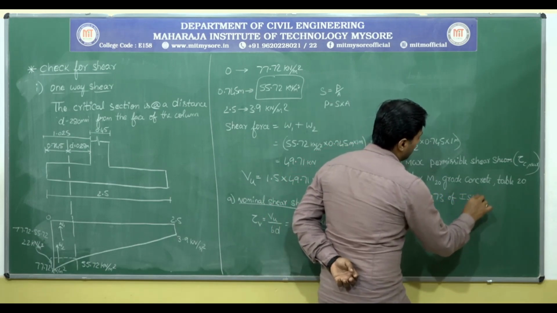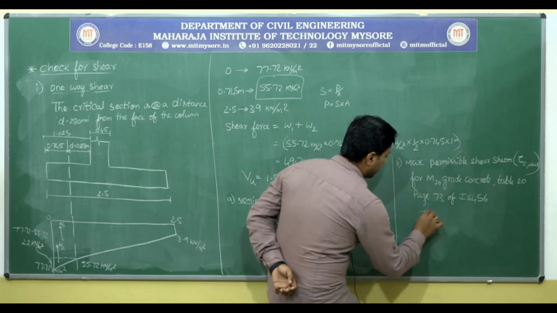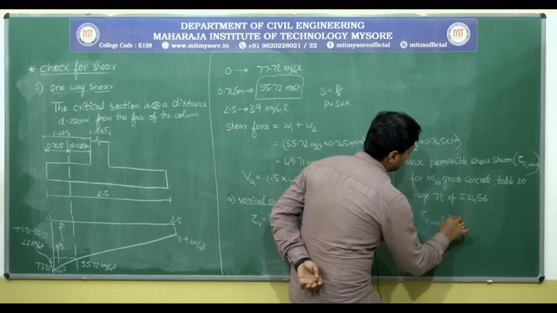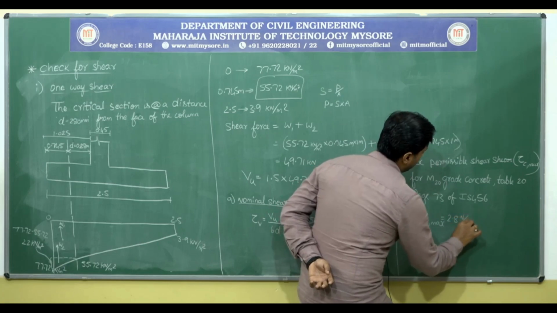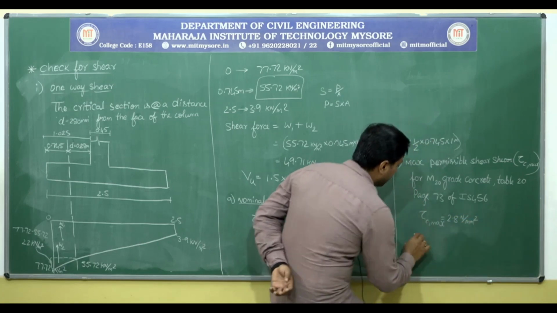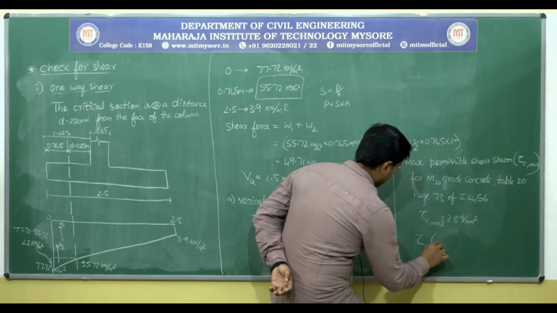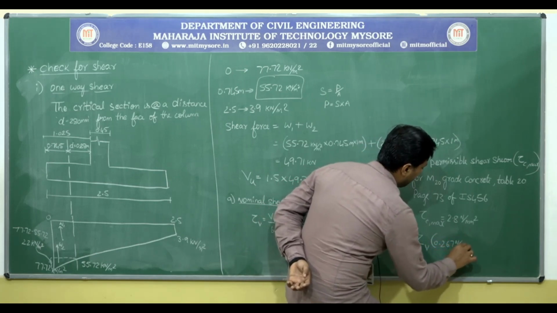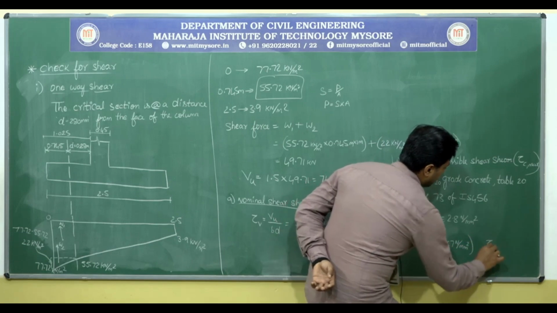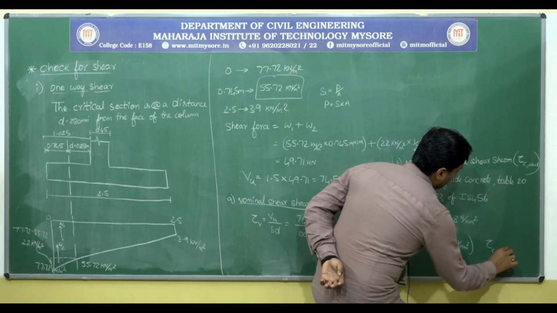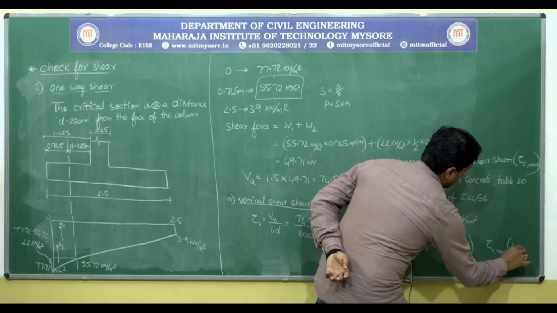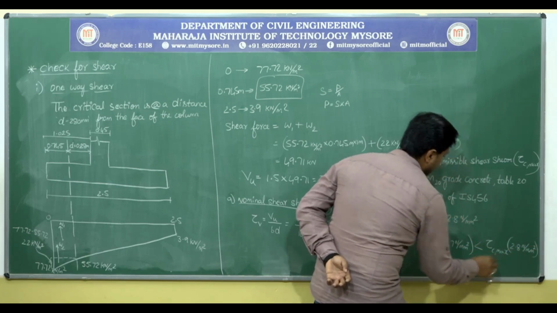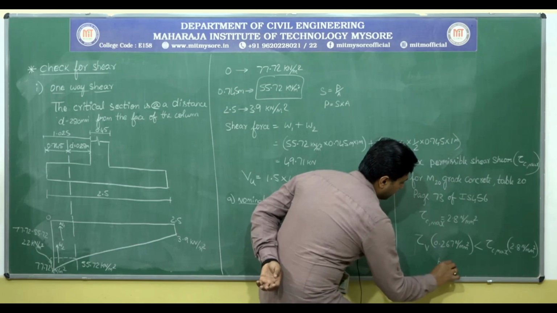So what is the value? Tau C max is equal to 2.8 Newton per mm square. Let me compare tau V, it's 0.267 Newton per mm square, and tau C max, it's 2.8 Newton per mm square. So I can say that tau V is less than tau C max, hence safe.